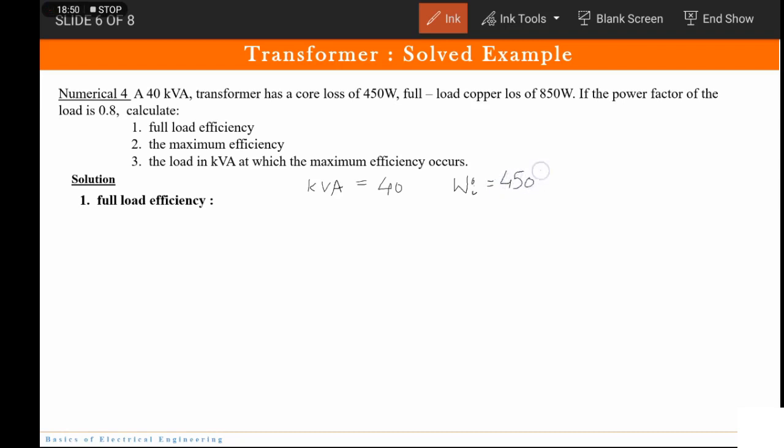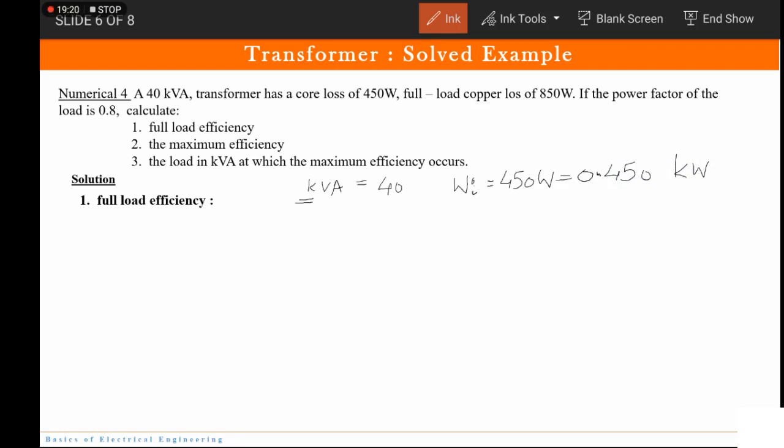Now what is the important point here? Here we have the unit of K, so even this power has to be mentioned in K only. We cannot take the power in watts. We have to convert it into kilowatt, so we divide by 1000, and it becomes 0.450 kilowatt.